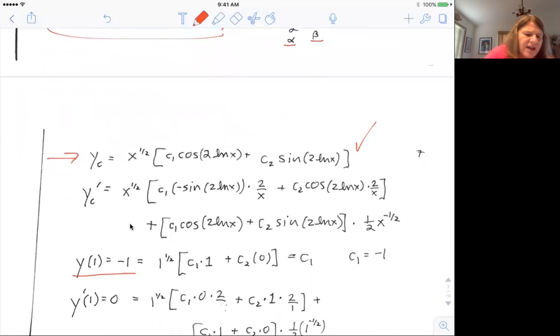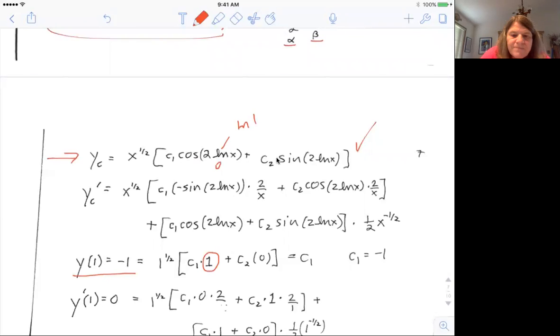And this actually turns out to be pretty nice, because if I plug in 1 for x, it's just going to be 1 to the 1/2. C1 cosine of log 1 is 0. So right there, when I plug in 1, I get log of 1, and log of 1 is 0. So cosine of 0, which is what this ends up being right here, is the 1 that I get right here. Okay?